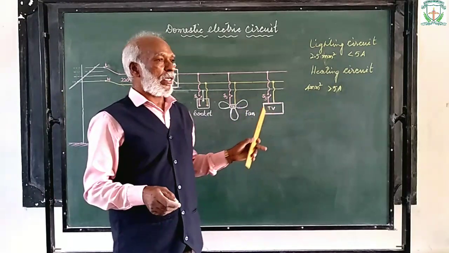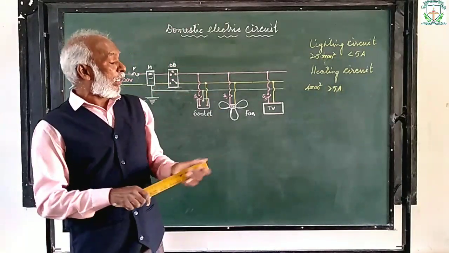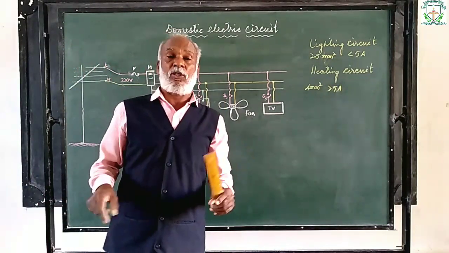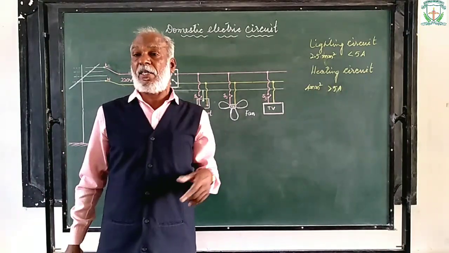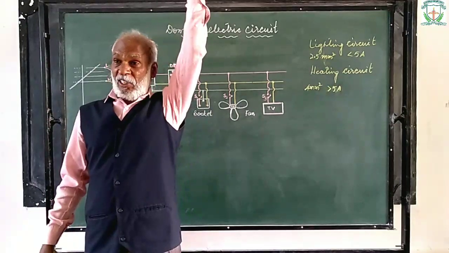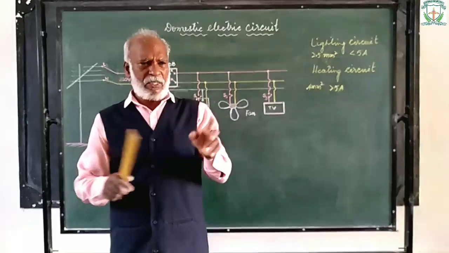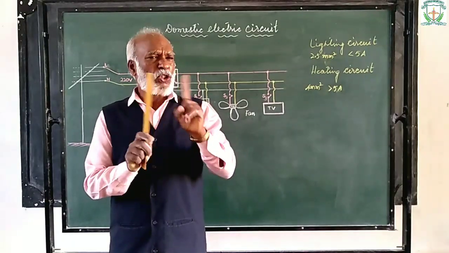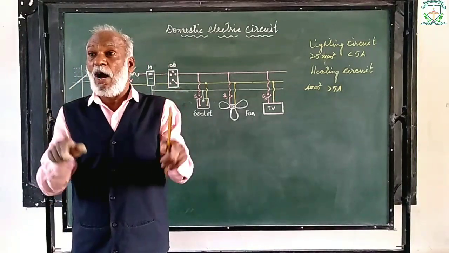If you use heavy current drawing devices like a mixer grinder, wet grinder, microwave, washing machine, or electric geyser, all these devices draw more current, and most often they have a metallic outer body.